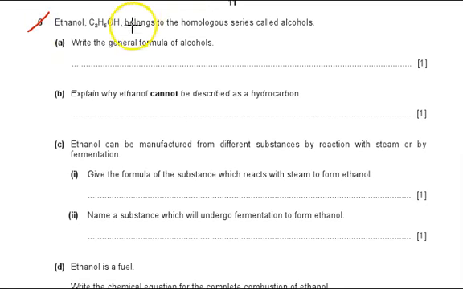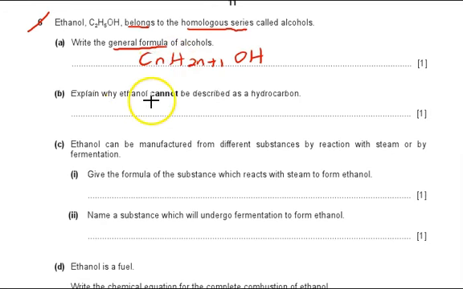Okay, ethanol belongs to a homologous series called alcohols. Write the general formula for alcohol. It is CnH2n+1OH. Okay, this is the general formula. Why can ethanol not be described as a hydrocarbon? Because it contains oxygen.